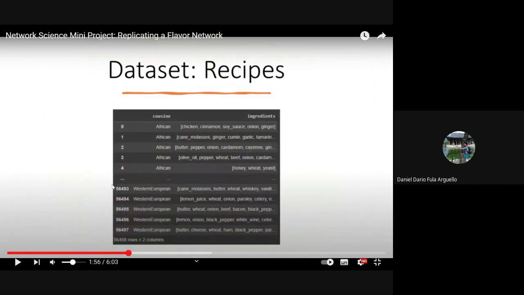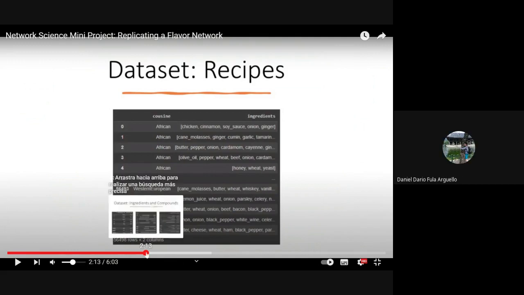Interestingly, Barabasi is among the authors of this paper. Then we have as dataset recipes that has the cuisine type and the ingredients as a list. There are 56,000 rows in this dataset.